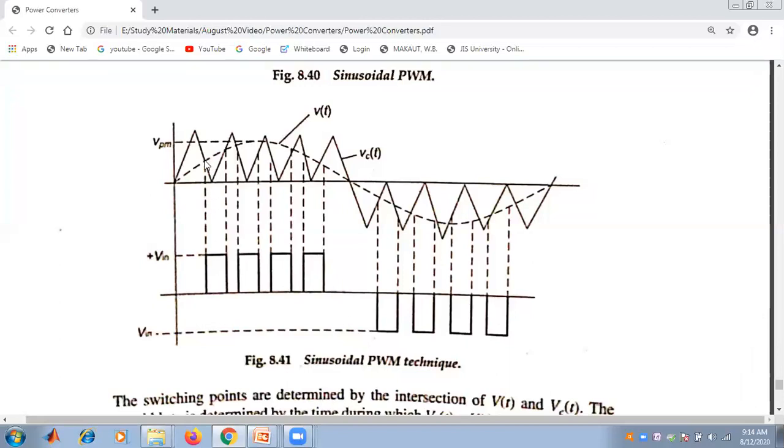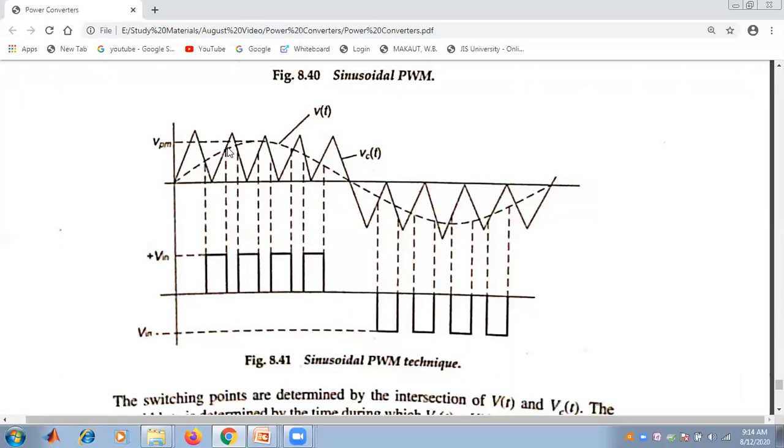Now, for the interval from here to here, the value of Vct is less compared to Vt. So we will get a pulse width modulated output voltage.